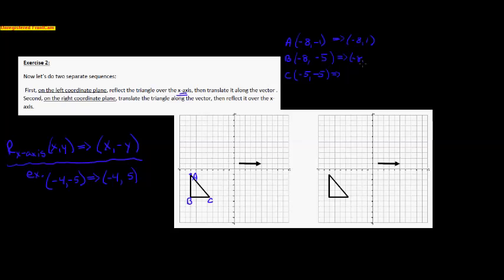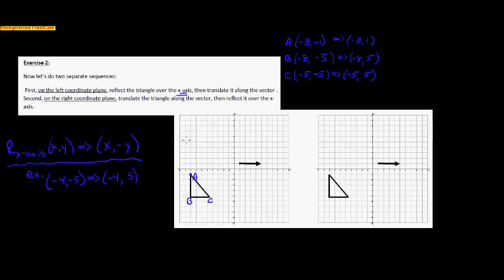Alright, so these x-coordinates are the same, but the y-coordinate, if it starts negative, it turns positive, and if it's positive, it turns negative. So there's the points that I end up with as the image of each one of those.